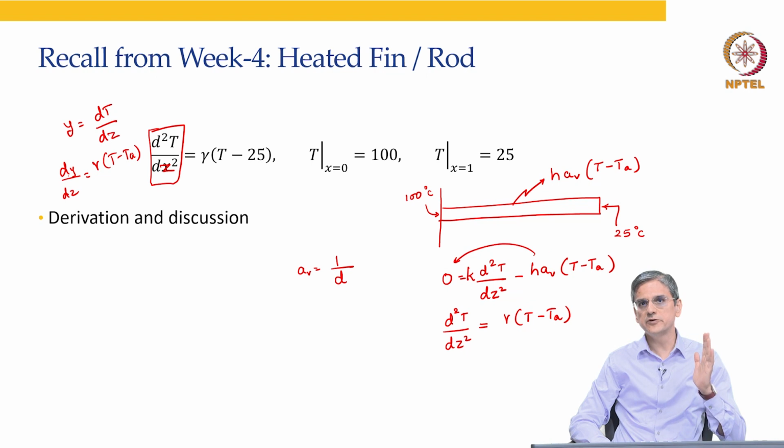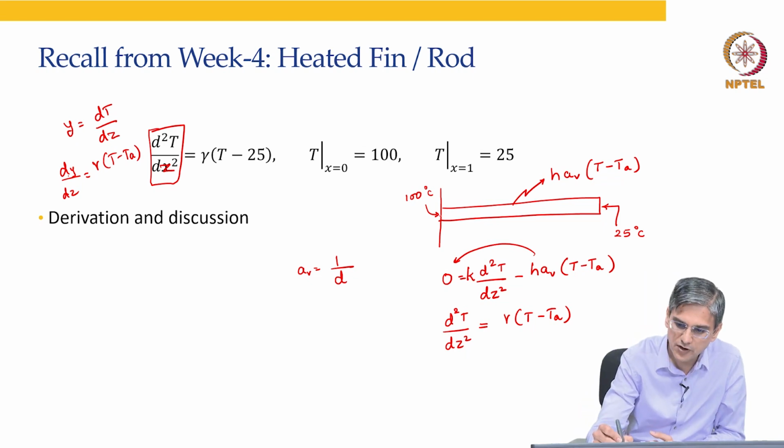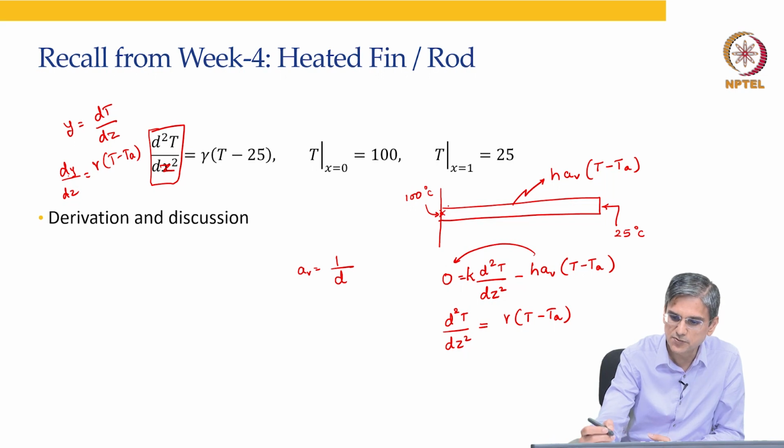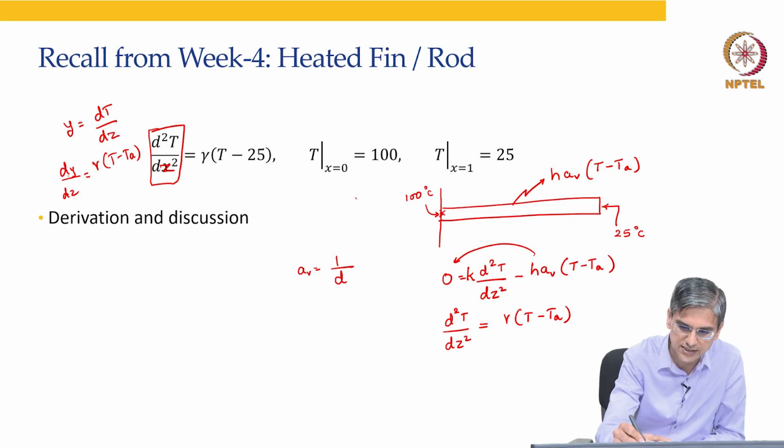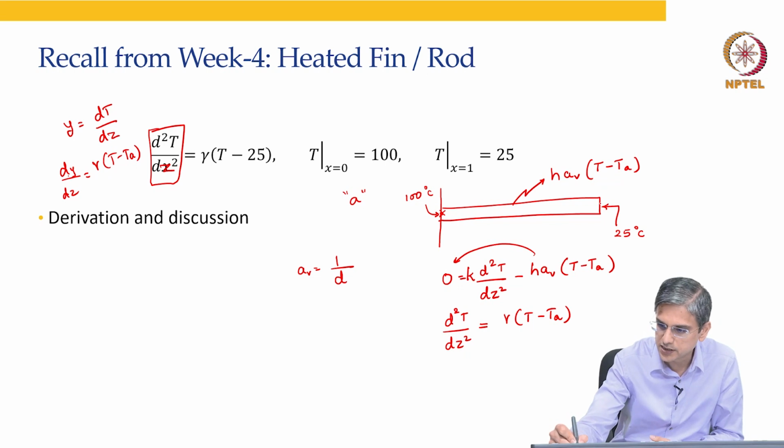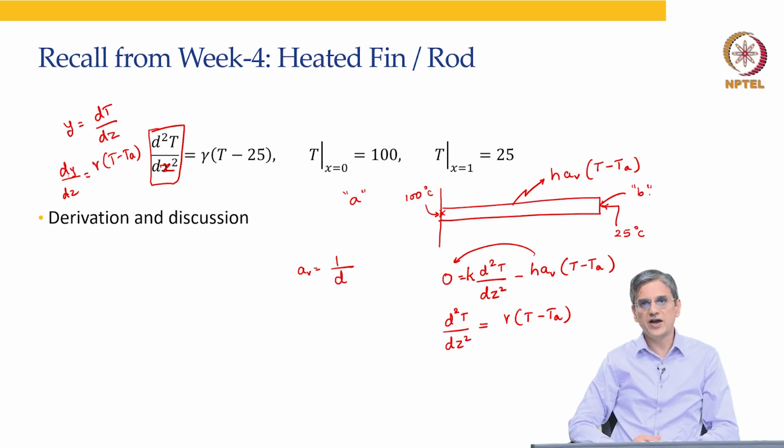Now, what is the difference between initial value problems and boundary value problems? In week number 8, all the conditions were given at time t equal to 0. In boundary value problems, one of the boundary conditions is given at one boundary, we will call that boundary A, and another condition is given at the other boundary, we will call that boundary B. Because it is a second order differential equation, we require two boundary conditions.